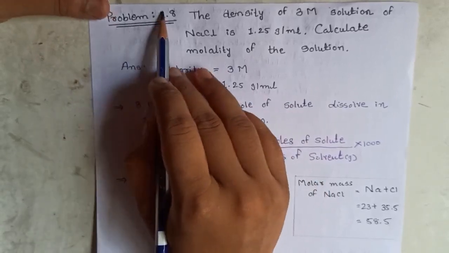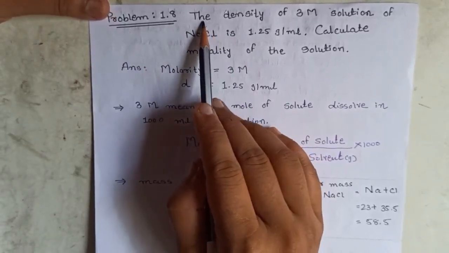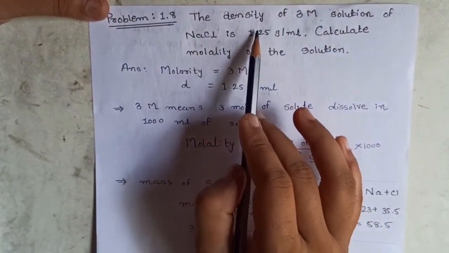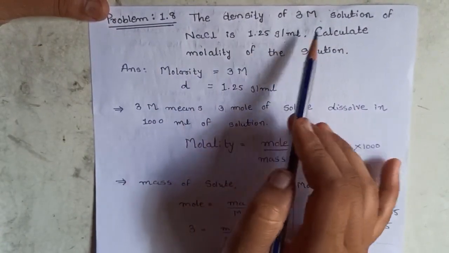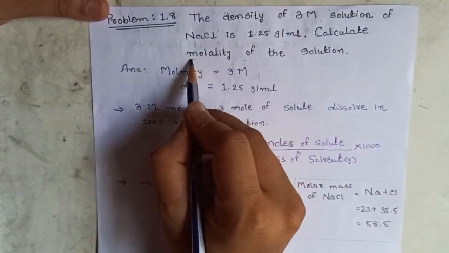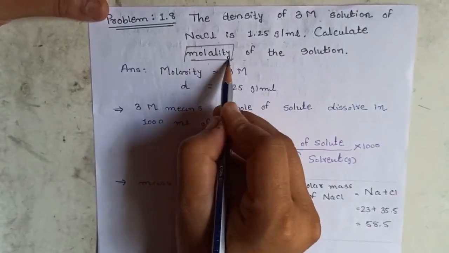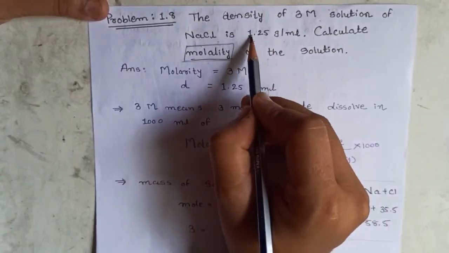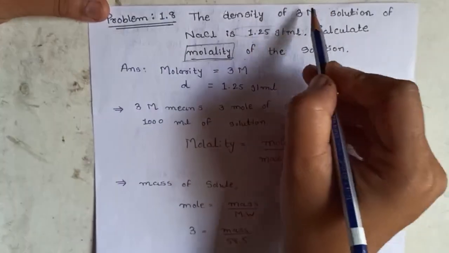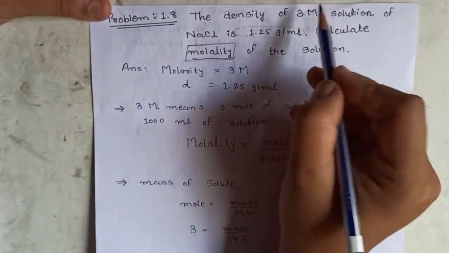Now problem number 1.8. The density of 3 molar solution of NaCl is 1.25 gram per ml. Calculate molality of the solution, right? Here we have to find out the molality. Now given is the density for the solution, which is 1.25, and also given the 3 molar solution, right?